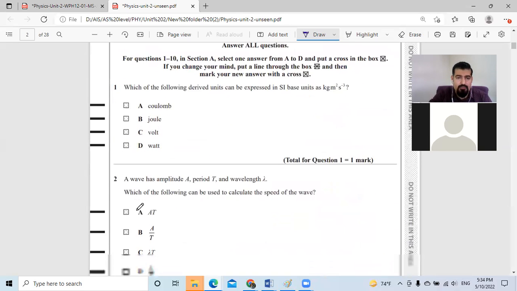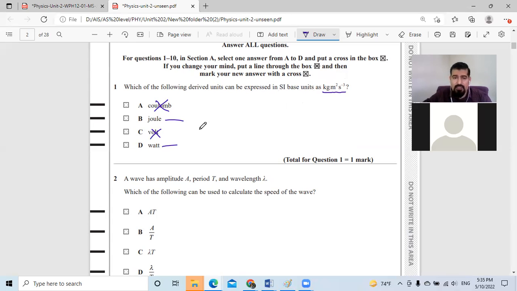First question. Which one of the following derived units can be expressed by the SI unit of kilogram meter squared per second cubed? It's not volt, it's joule or watt. Let's check.